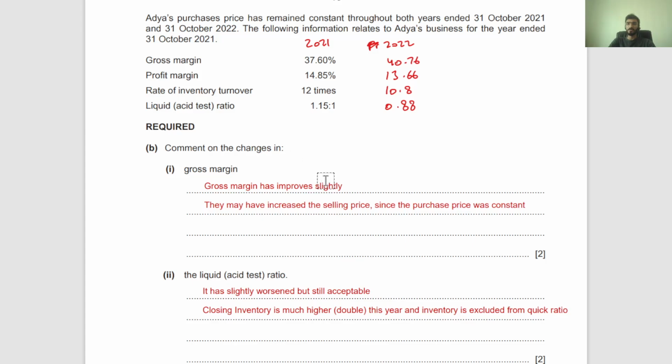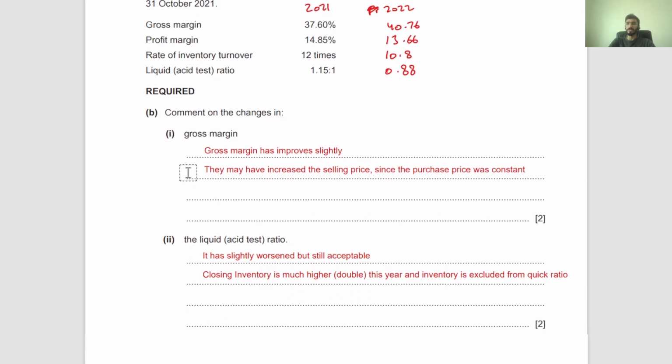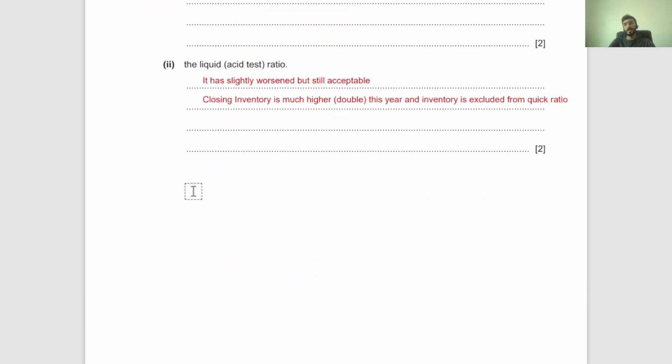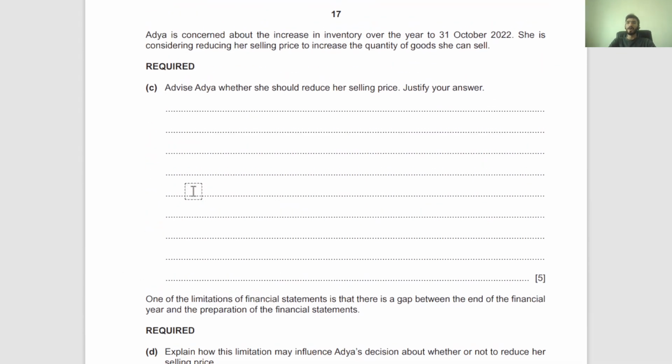By the way, there is no need to analyze profit margin, because it's not relevant in either of these two. Anyway, let's keep moving. Let's see what's next. Adia is concerned about the increase in inventory over the year to 31st October, which is this current year. She is considering reducing her selling price to increase the quantity of goods she can sell.